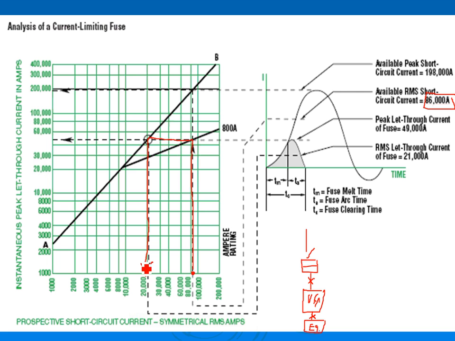That current limiting fuse will knock down the available RMS to 21. So now what's available down at this side is 21,000 amps, and what could come here on this side is 86.